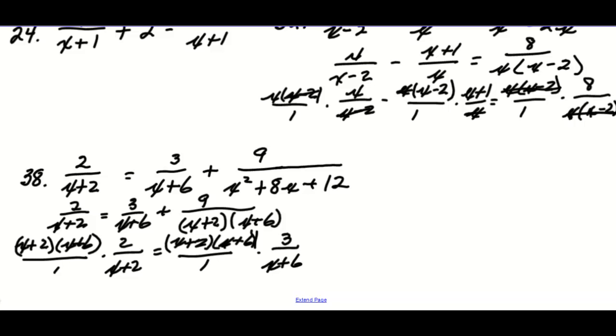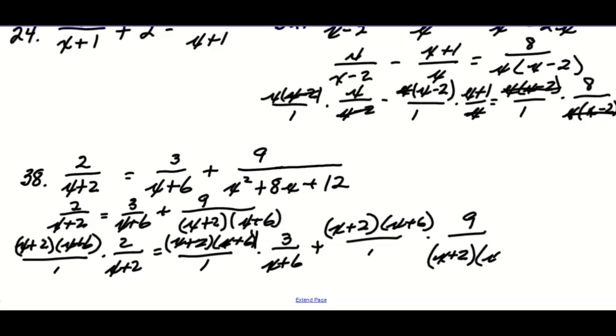And then finally what we're going to do is plus x plus 2 times x plus 6 over 1 times 9 over x plus 2 times x plus 6.